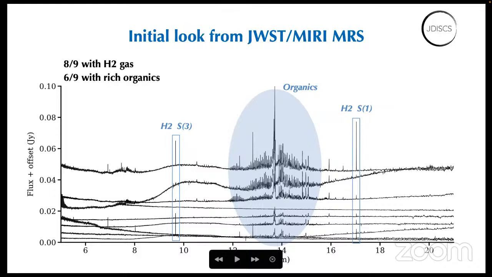And around the 14 micron range, we see very prominent emission from hydrocarbon organics. Even though the lines are very obvious in our spectrum, it is only because of James Webb that we can now detect them. So in the following, I want to zoom into one disk and see what its key properties look like.